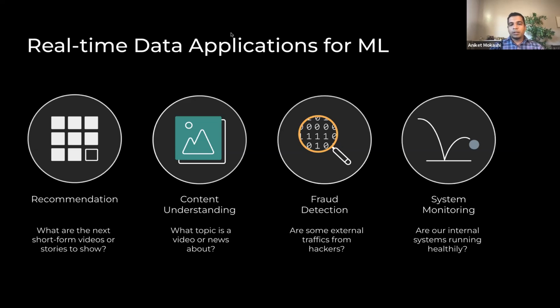The third is fraud detection or abuse, figuring out what type of content on our platform is legit versus how much is fraud or bot generated. And then system monitoring. Like I mentioned before, all of our system checks are automated with anomaly detection and everything. So all that is driven by the real-time data.